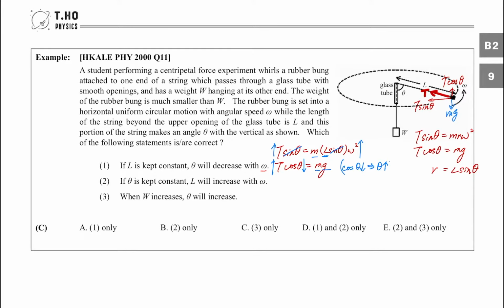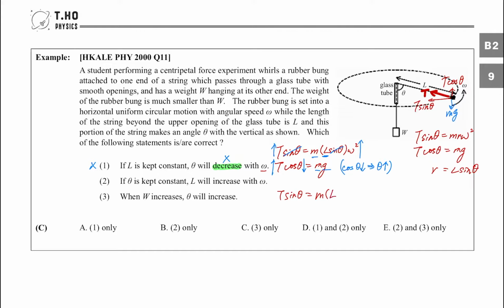If cosine theta decreases, the consequence is that theta is increased, because if you have a smaller value of cosine, then the angle should be larger. So if you say theta will decrease with omega, this will be wrong, because when omega increases, theta should increase as well. So this is incorrect.